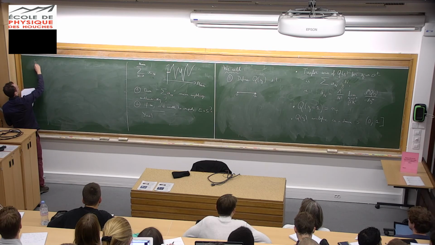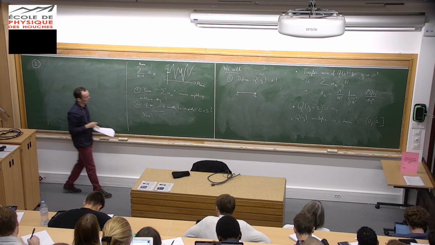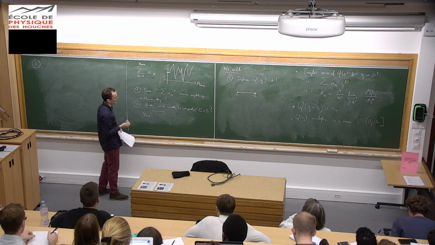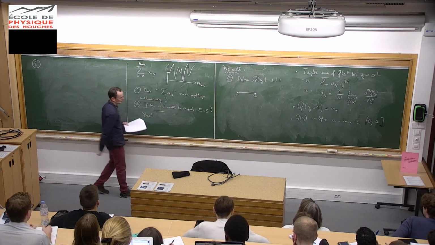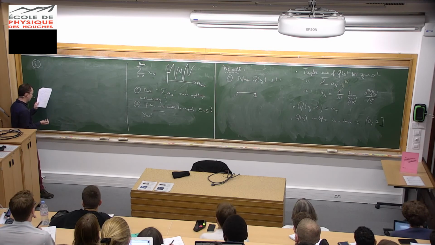Okay, so in order to answer the second point, namely, now that we gave a meaning to this sum, can we use it in practice to compute the equation of state in a way which is accurate and reliable?